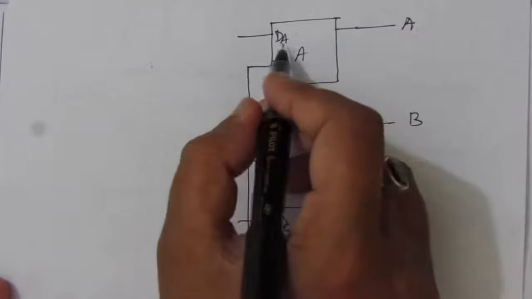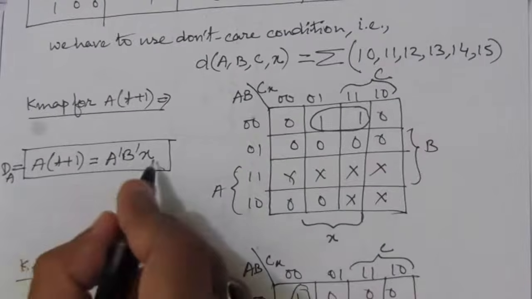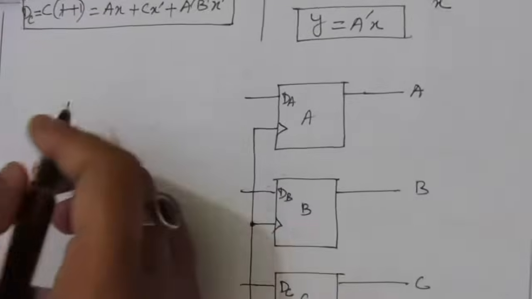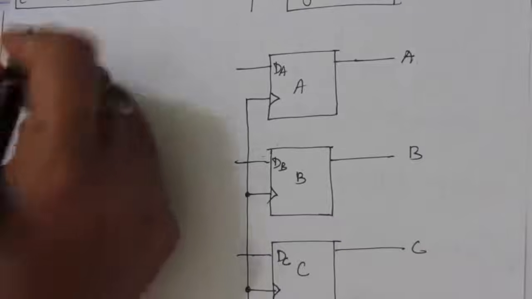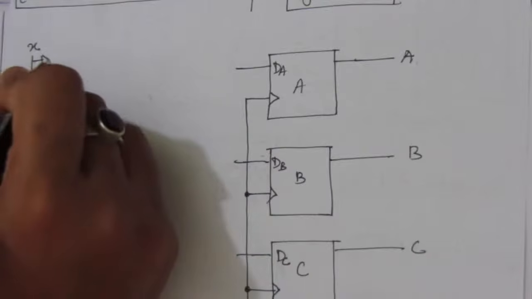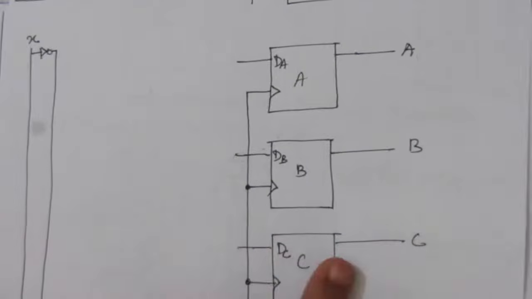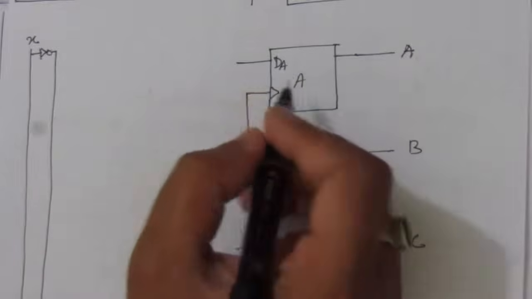So this DA is nothing but the next state of A. The next state expression for A is a bar b bar x, and we have input x. So let me draw, x is the input line. If you use an inverter here, this will be x bar. The expression for this DA is a bar b bar x.